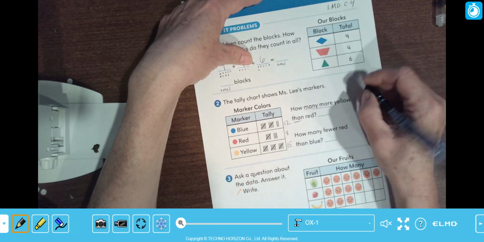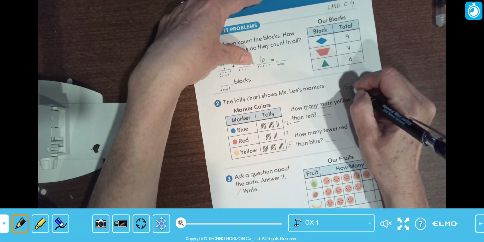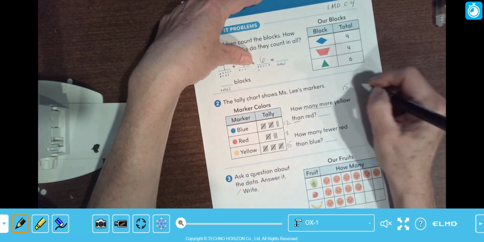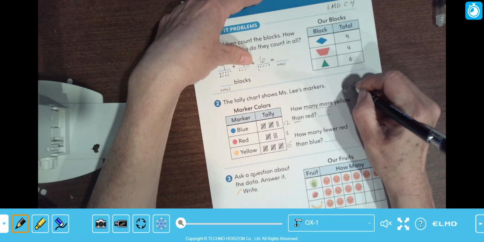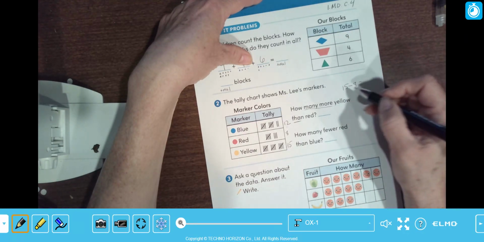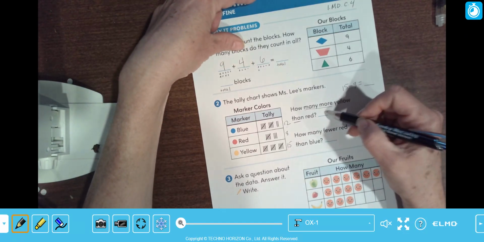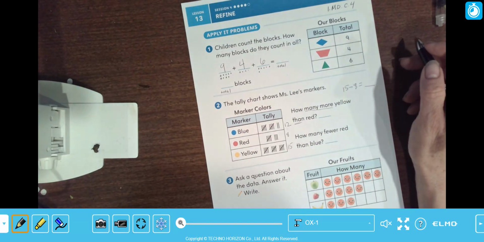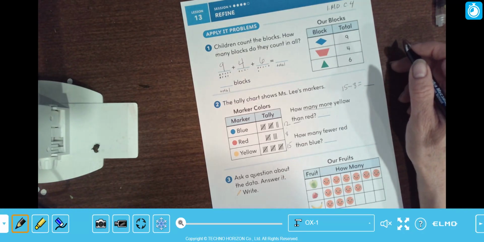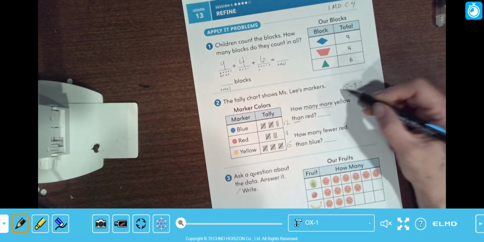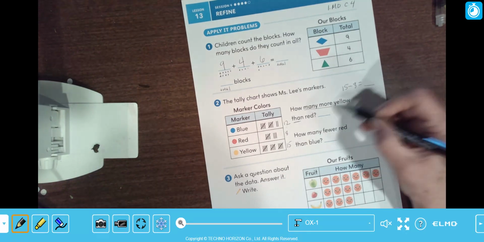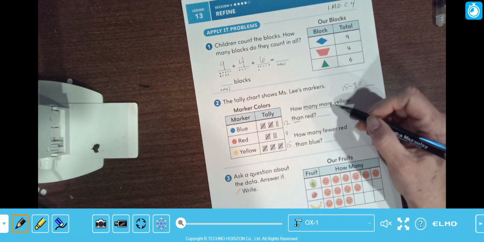Yellow has 15. And how many does red have? Red has 8. So in order to find out the difference, you're going to have to subtract 15 minus 8 and write the answer there. And that answer goes there. Okay? So go ahead and figure out 15 minus 8, and that is the answer, how many more yellow than red.